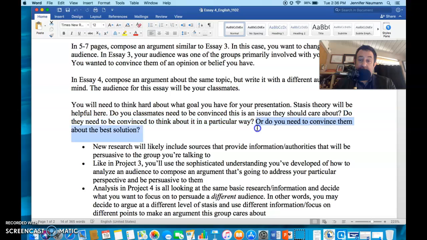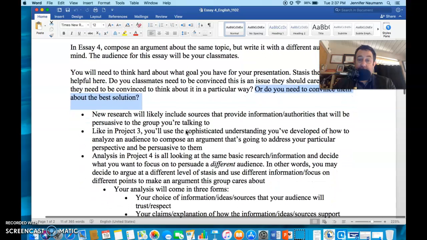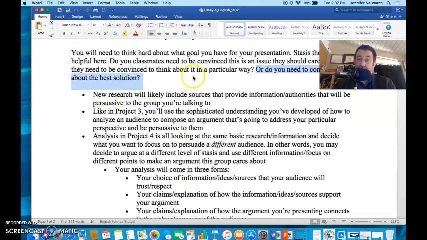Do you need to convince them about the best solution? So new research will likely include anything you found that would be persuasive to the group that you're gearing this towards, which would be your classmates.